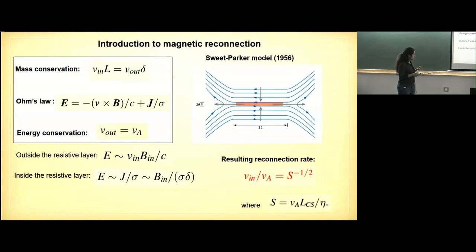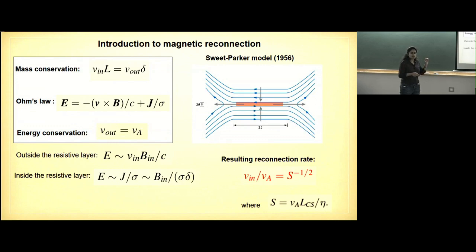Inside the current sheet itself, there's a resistive layer where the resistive term in Ohm's law becomes important, and outside the resistive layer, the other term remains. So we match these two solutions, and along with the other constraints, we arrive upon the reconnection rate.